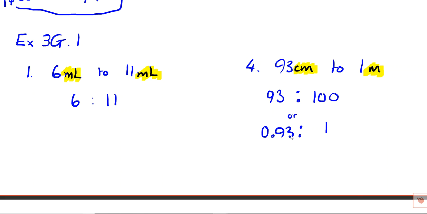So this is where ratios can have decimals. This one would be considered in the form of n to 1. It's what we call a unit ratio, where one of the numbers in the ratio is 1.